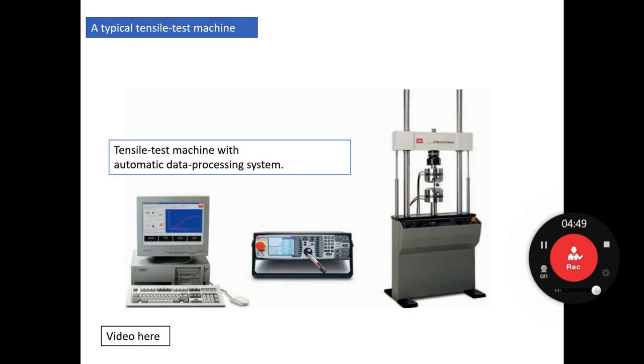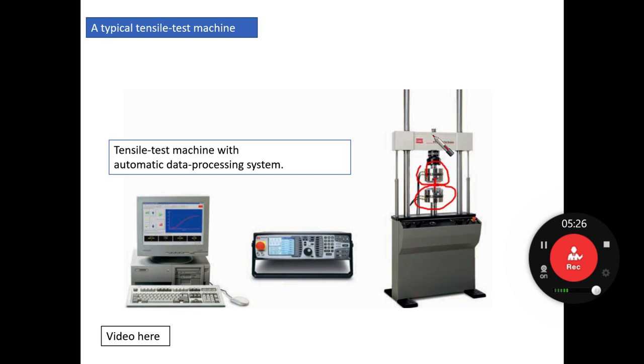Now, this is a typical tensile test machine with an automatic data processing system. Commonly, if you have a laboratory on your campus, you're going to find a universal testing machine, similar in one way or another to this shape as you can see here. We have upper and lower platforms here, and we put the specimen in the middle.